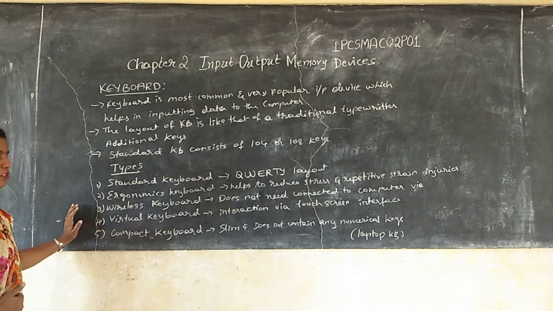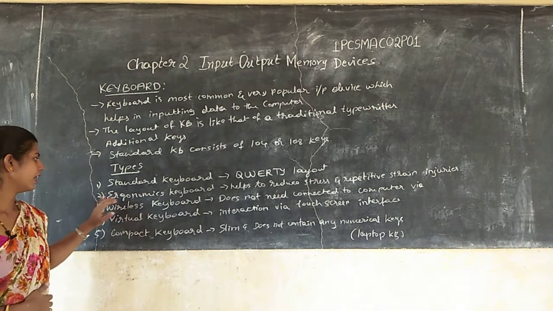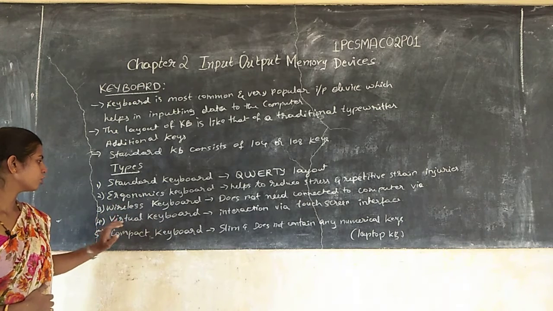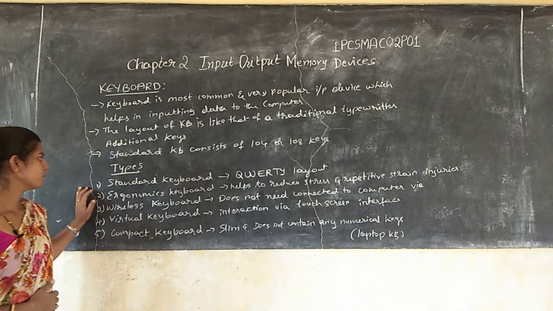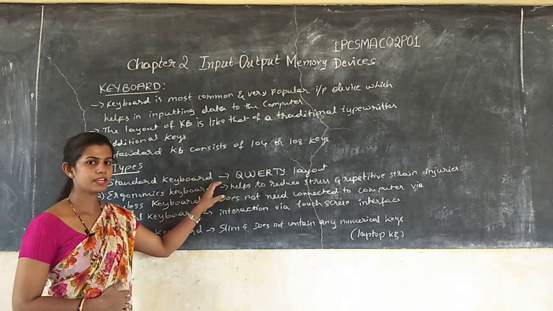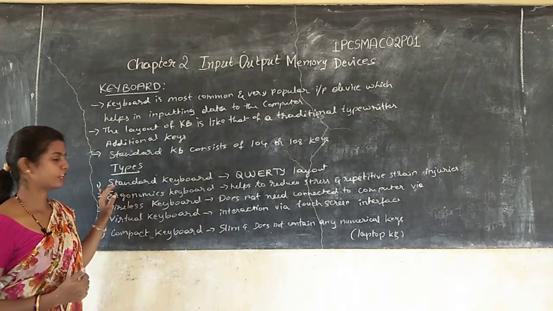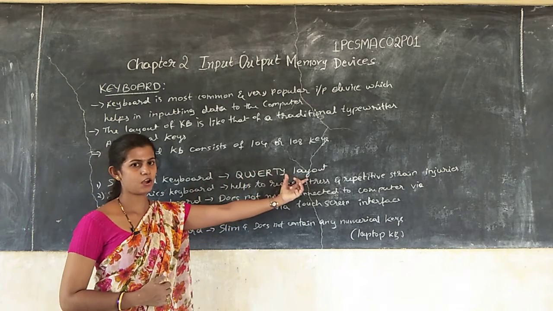Some of the types of keyboards are standard keyboard, ergonomics keyboard, wireless keyboard, virtual keyboard and compact keyboard. The standard keyboard is a basic keyboard which has a QWERTY layout.